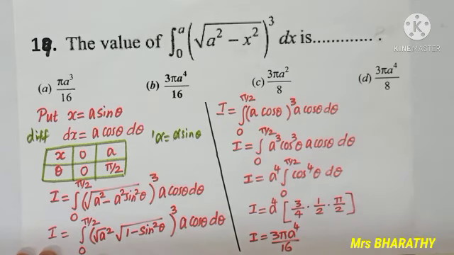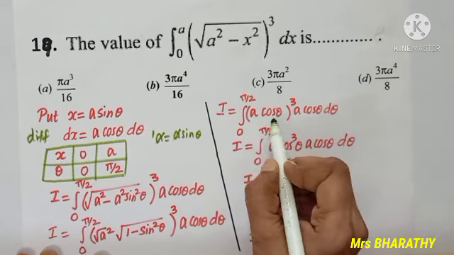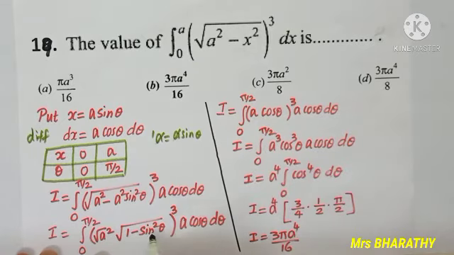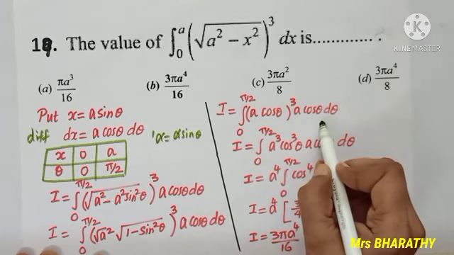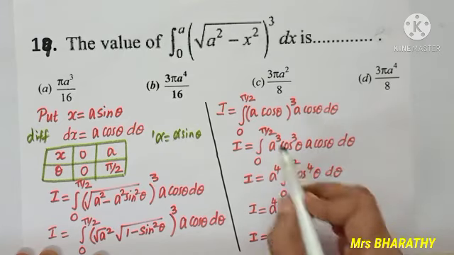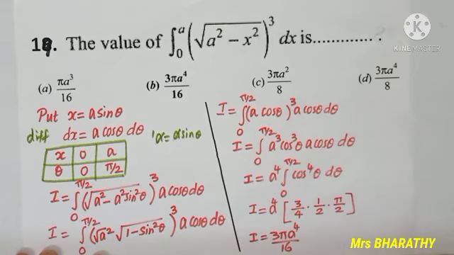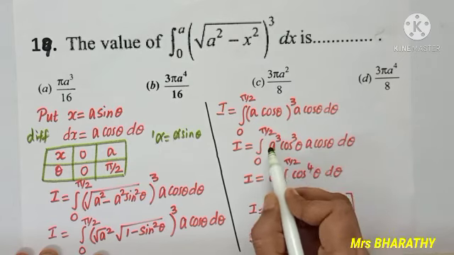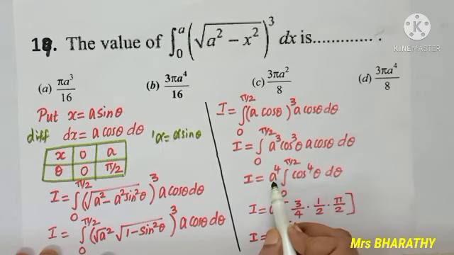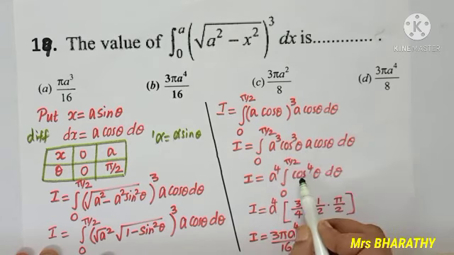Root and square get cancelled, giving cos theta. So these two terms reduce to a cos theta the whole cube into a cos theta d theta. That is a cube cos cube theta into a cos theta. Keeping a power 4 out, cos cube and cos theta together give cos power 4 theta.